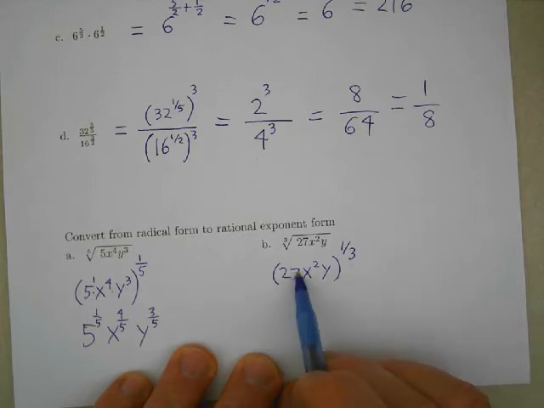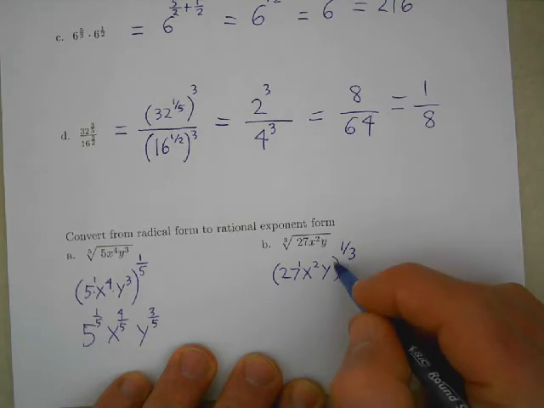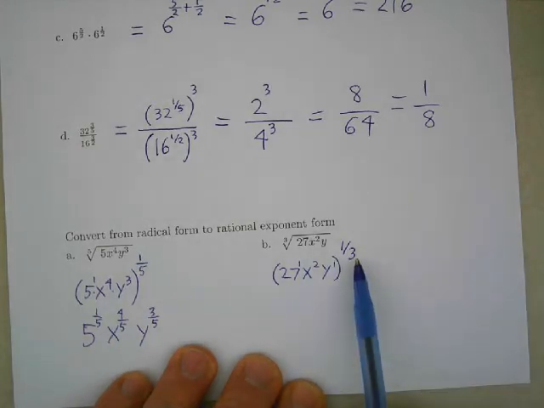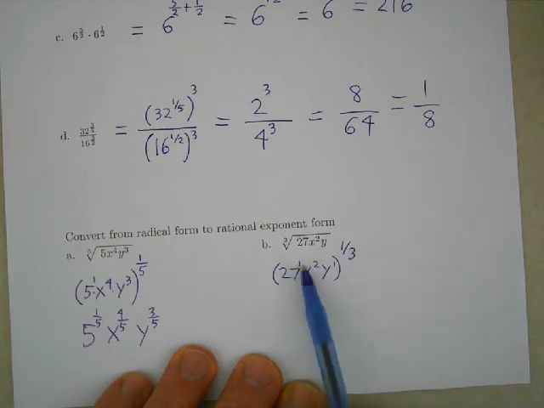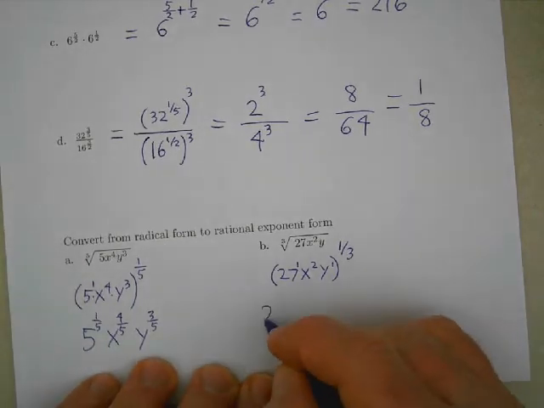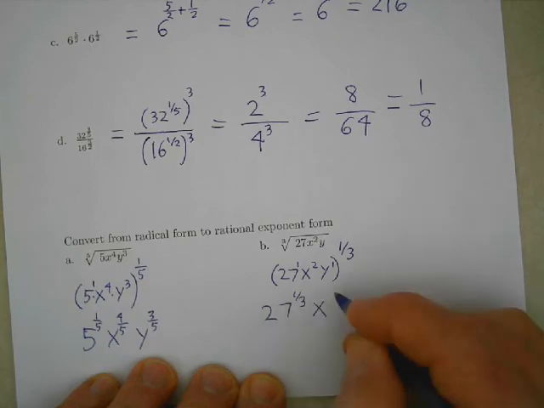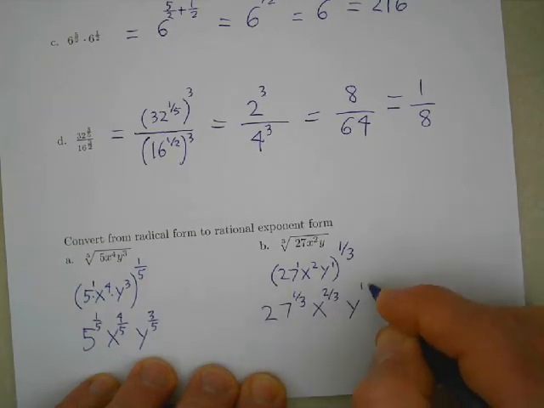Think of 27 as 27 to the first. Think of y as y to the first. And then when we apply the outer exponent, we're going to multiply the outer exponent 1/3 times each of those three exponents. And we get 27 to the 1/3 times x to the 2/3 times y to the 1/3.